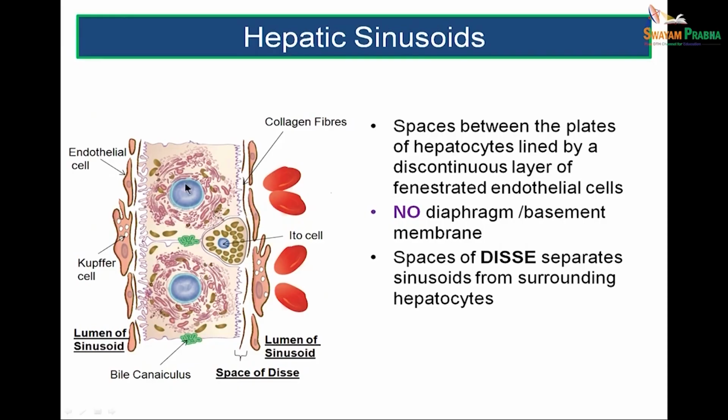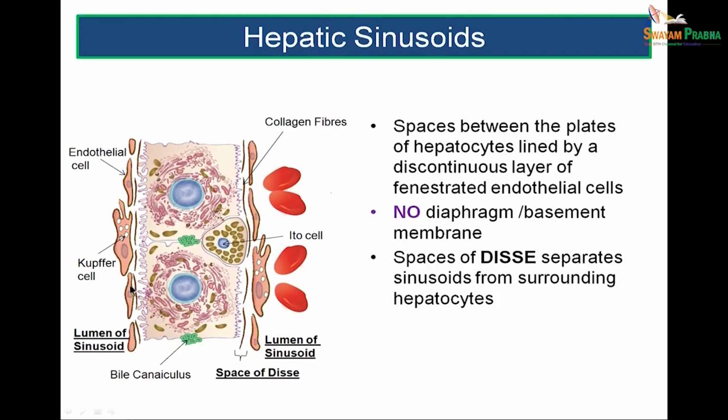Let's take a look at the hepatic sinusoids. So, here we have two hepatocytes attached to each other, and they line the sinusoids. This is the endothelium of the sinusoid. Here we have a special cell called the Kupffer cell and another special cell called the Ito cell.